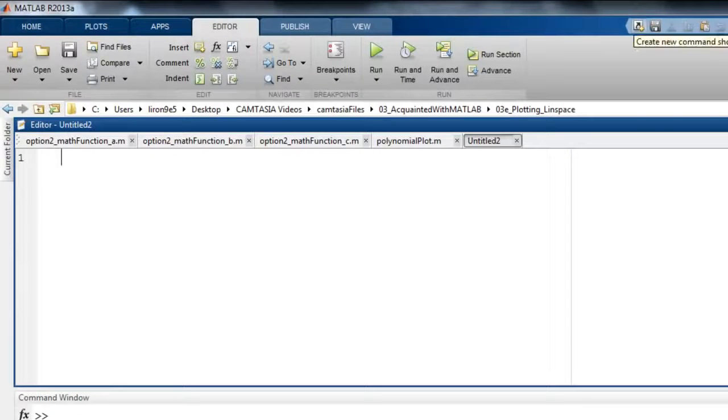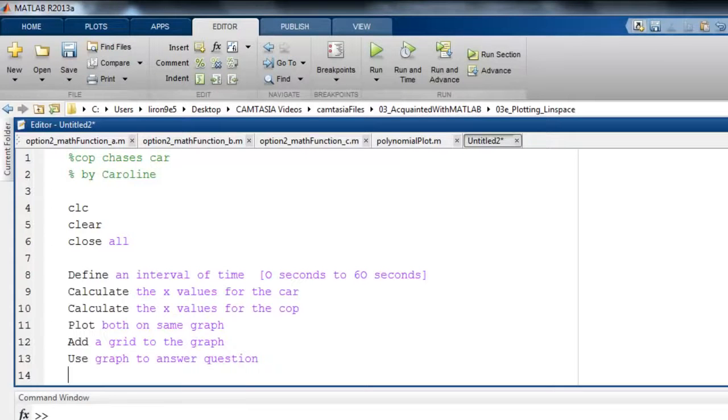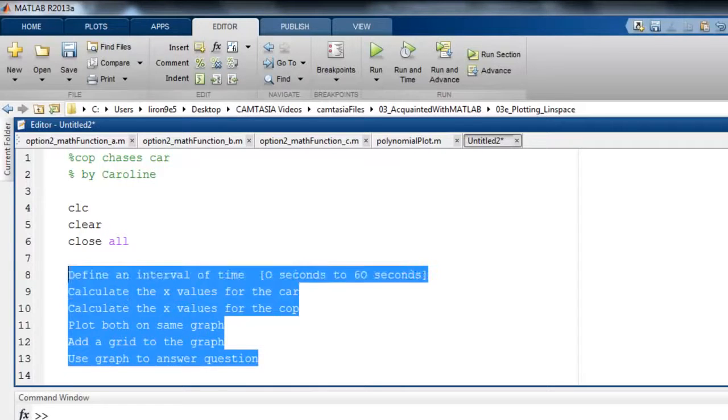So starting from scratch, cop chases car by Caroline. clc, clear, close all. The usual basic commands before we do anything. And then we've already developed our algorithm, so might as well copy paste it and work from there. To quickly make something a comment, just select it and add the comment.